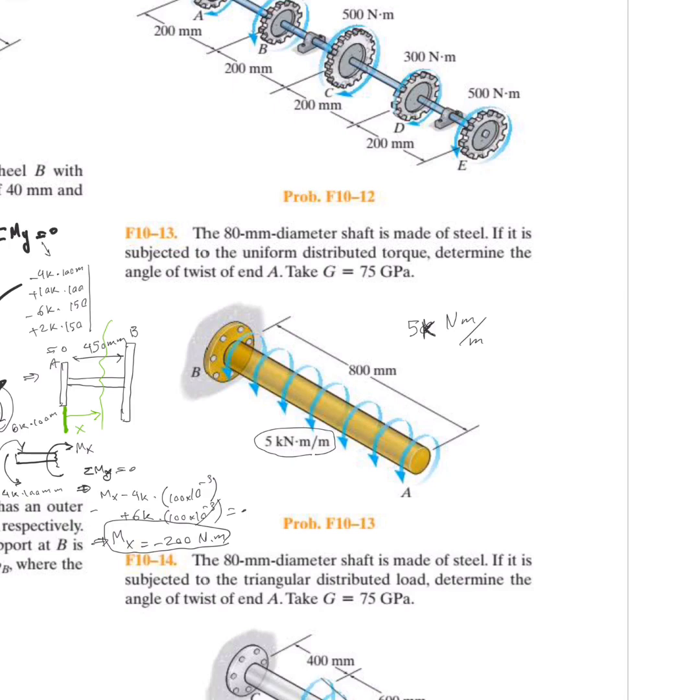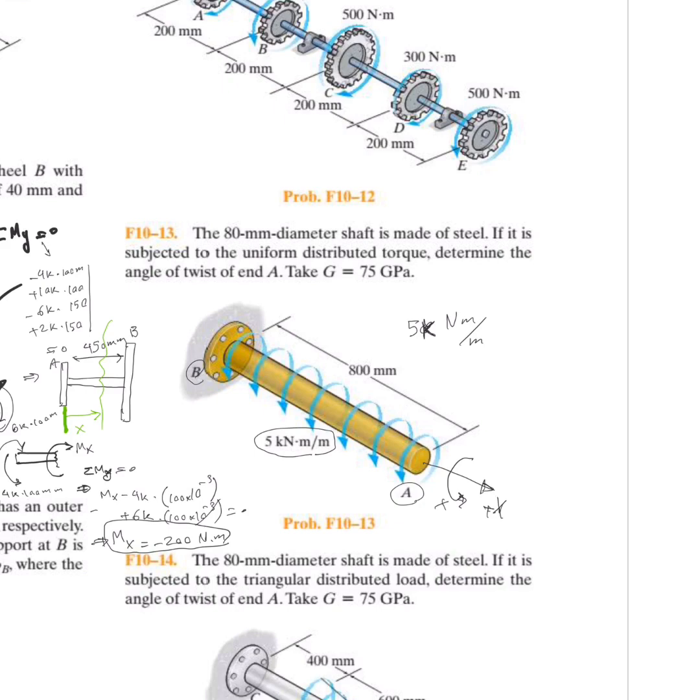And what we need to do, we need to find, obviously point B right here is fixed to the wall, so it doesn't have any twist or rotation. But point A here, it will have a rotation. And if we take this axis X positive, obviously the rotation is in the positive direction, because the distributed torque is in a positive direction.